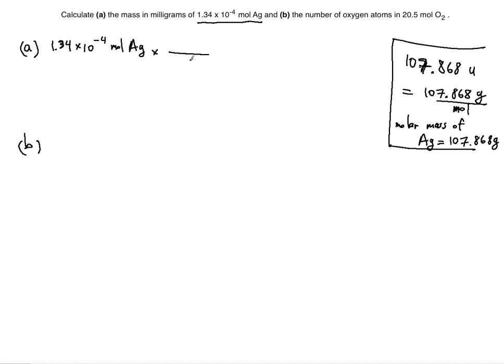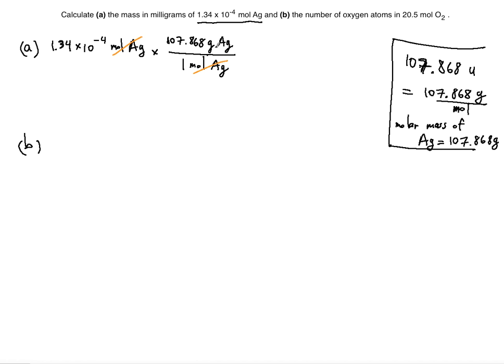So we will need to have moles on the bottom, and on the top we will need to have grams, right? So we will have 107.868 grams of Ag per 1 mole of Ag, based on this. So as you can see, the moles will properly cancel out, so we will be left with grams, right?